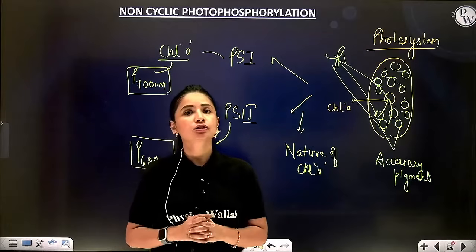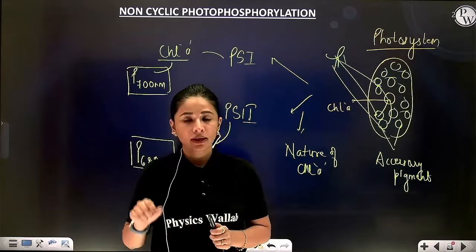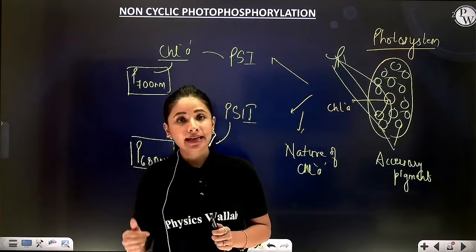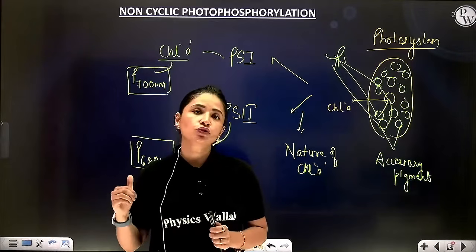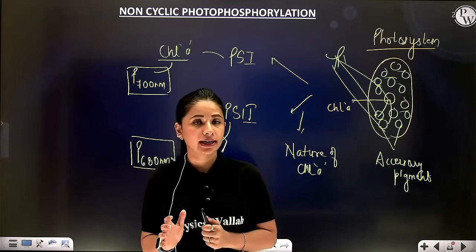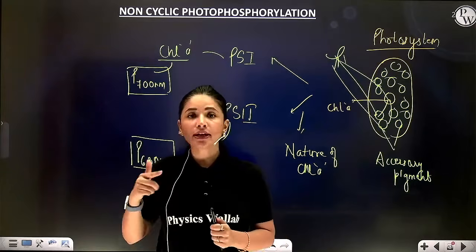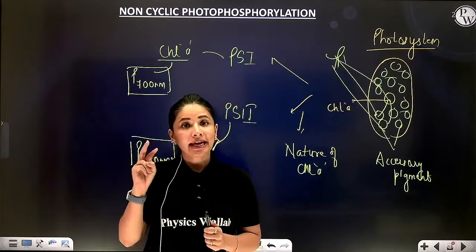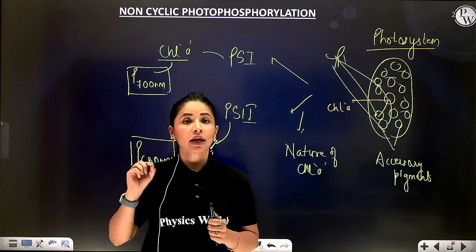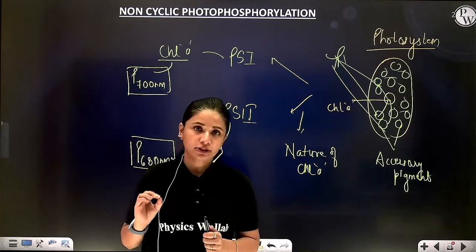In plants, my dear students, there are two ways of operating light reaction. One is non-cyclic photophosphorylation and second is cyclic photophosphorylation. In non-cyclic photophosphorylation, you will see how the flow of electrons takes place between the two photosystems on the thylakoidal membrane in order to generate ATP and NADPH2.